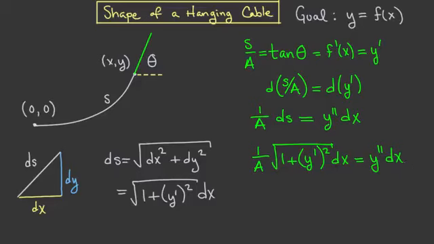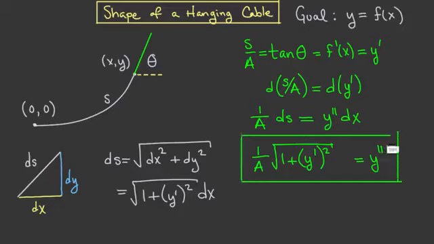So let's go ahead and erase that. And what we're left with is a differential equation: 1 over a times the square root of 1 plus y prime squared is equal to y double prime. And because our curve satisfies this differential equation, the shape of a hanging cable is a solution to this differential equation. So that's what we want to find.